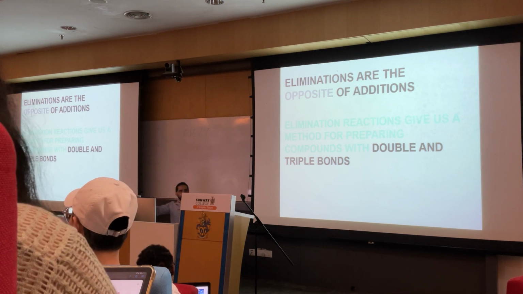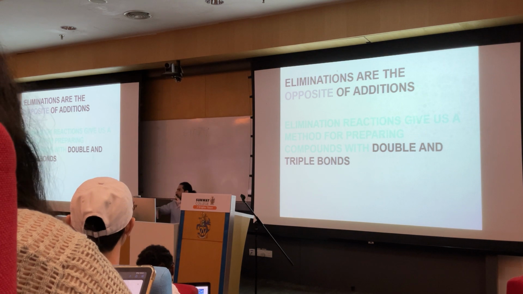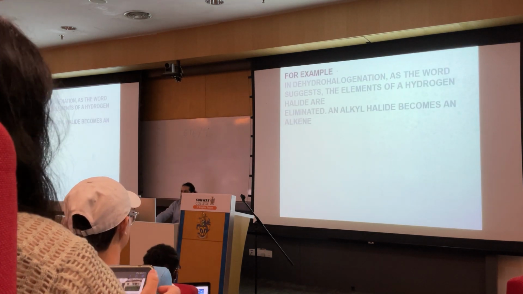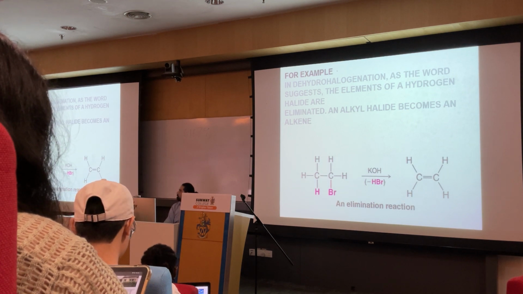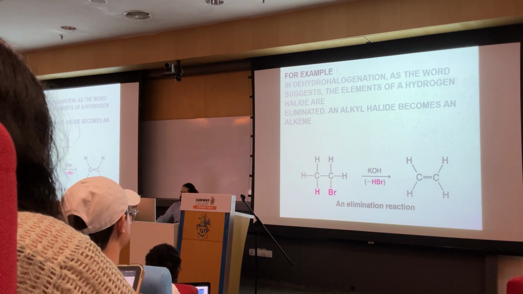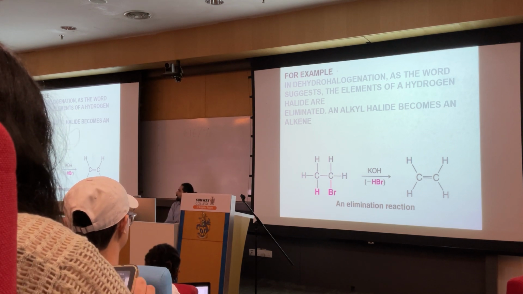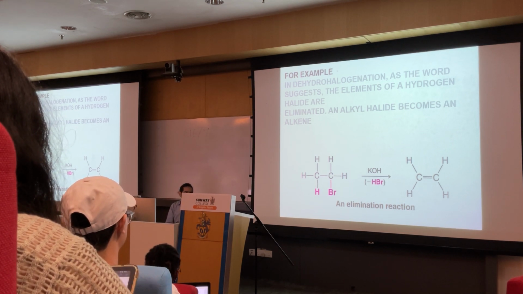So addition reaction and elimination reaction are simply opposite of each other, right? We have looked at this example before. You see that hydrogen and bromine are being removed, and as a result you get a carbon-carbon double bond.